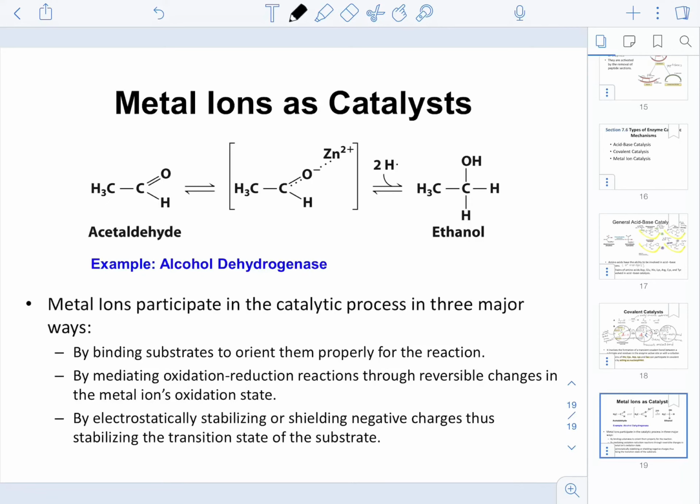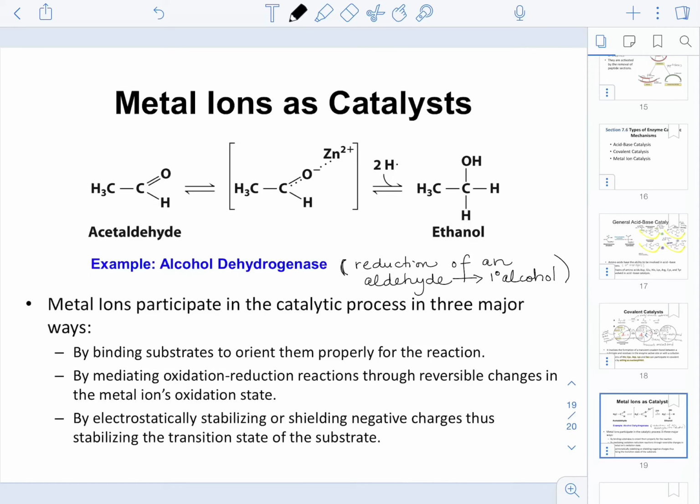As an example of a metal ion catalyst, we are going to be using alcohol dehydrogenase. Alcohol dehydrogenase is going to do the reduction of an aldehyde, in this case acetaldehyde, all the way to a primary alcohol. The primary alcohol in this case is ethanol.